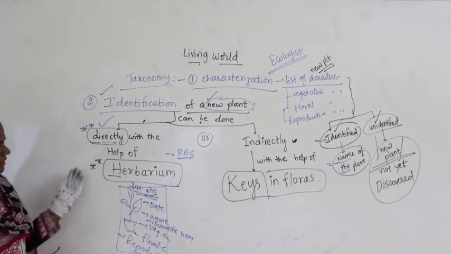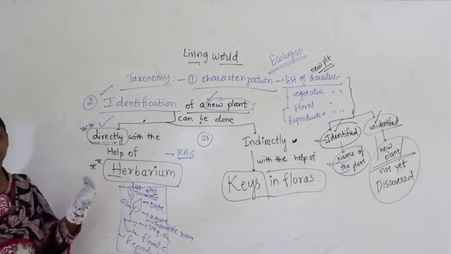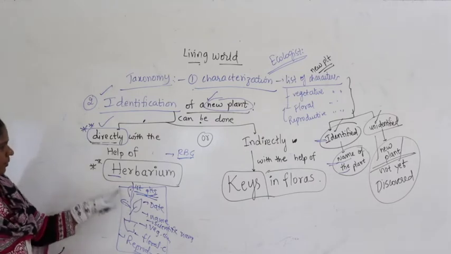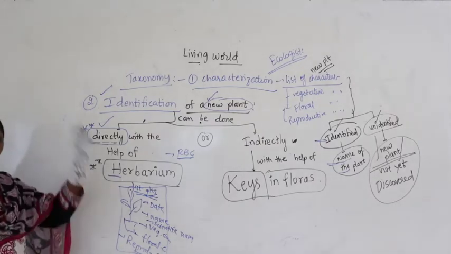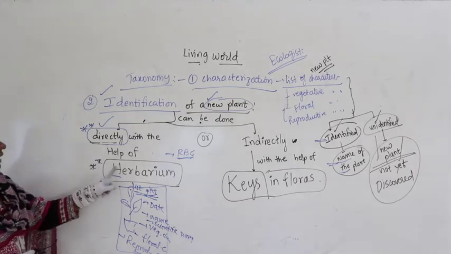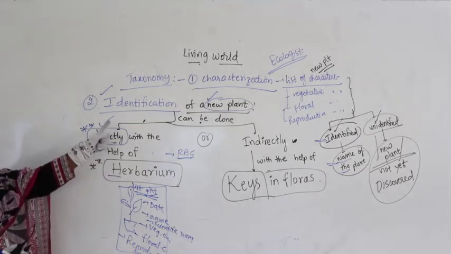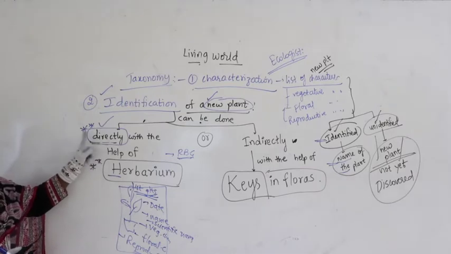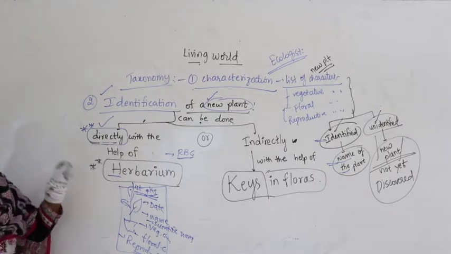Each plant's information you will get from the herbarium. So across the world, the complete list of information is available in the herbarium. So identification of a new plant can be done directly with the help of a herbarium.